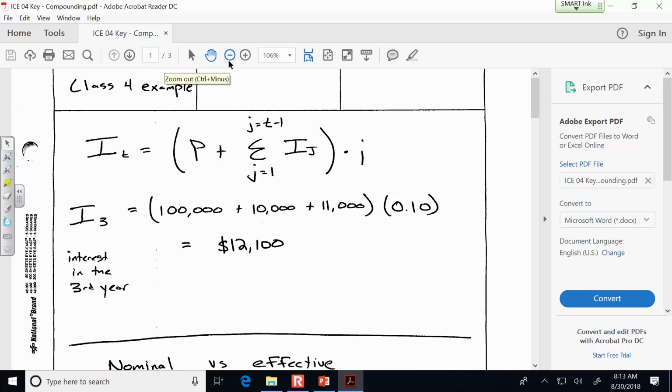So if we do that calculation, the interest for the third year is going to be $121,000 times 0.10. And that's why in the third year we had to pay $12,100.